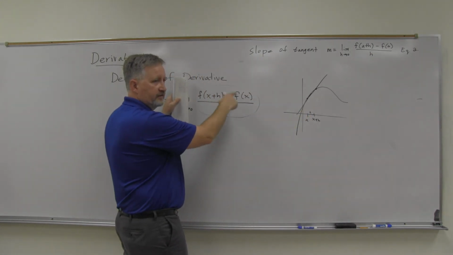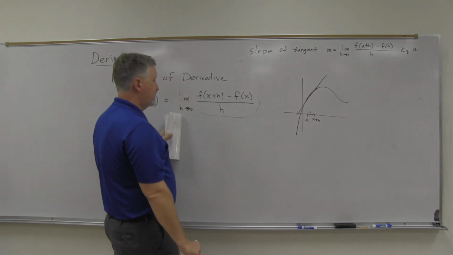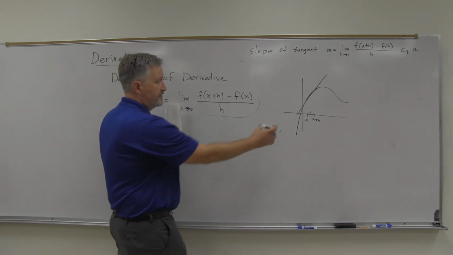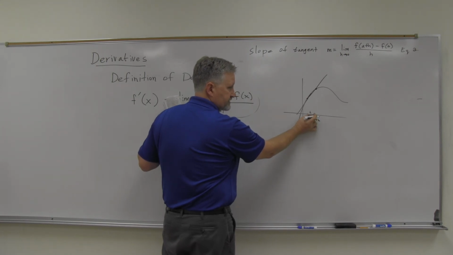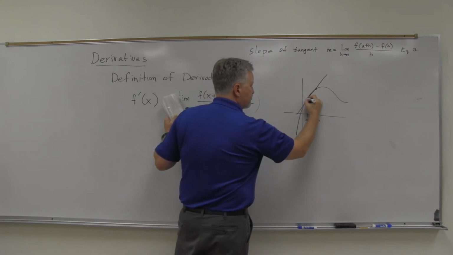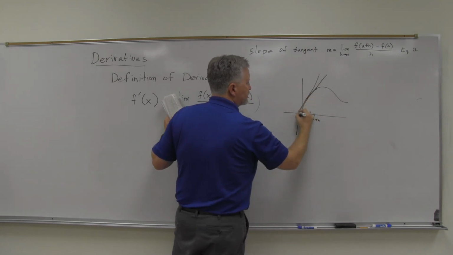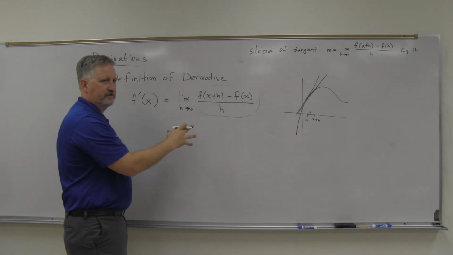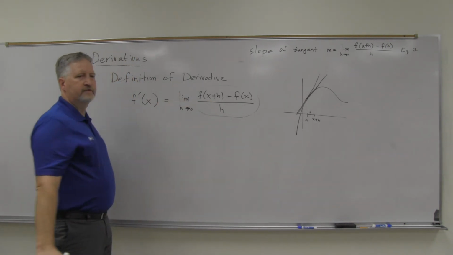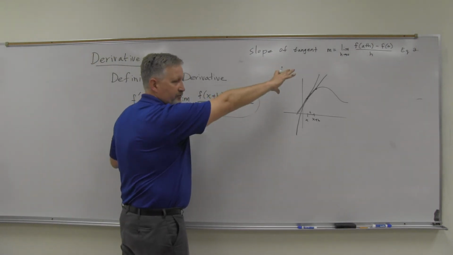That's the slope of that line. Well, if I put the limit as h goes to 0 on it, so if I bring this h value closer and closer to 0, that's going to give me this tangent slope. And that's what we call the derivative. It's graphically the same thing as we were doing there.